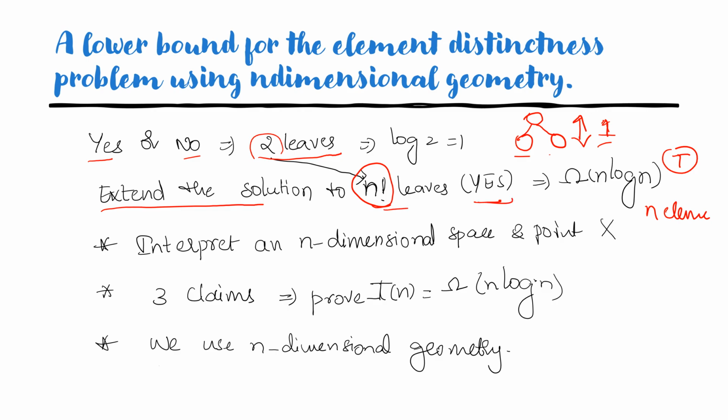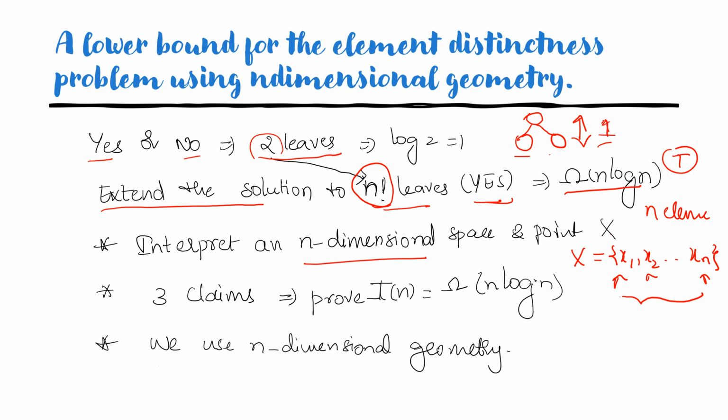From this, if there are n factorial leaves, we need at least n log n time from the sorting proof. So how are we going to extend to n factorial leaves? I'm going to interpret an n-dimensional space, where an n-dimensional point x equals x1, x2 and so on up to xn, the first coordinate, second coordinate and nth coordinate, is a point in n-dimensional space.